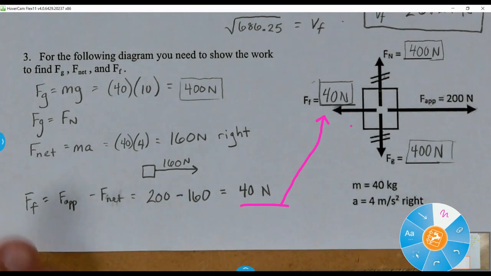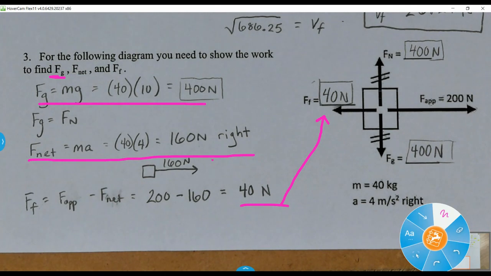So you have now solved for Fg, and you showed the work. F net, we solved for it, showed the work. Okay, you just need to add the normal force in, but those are the equal. So once you have Fg, Fn is the same. And then to find the friction force, once you know what the net force is, you basically figure it out.